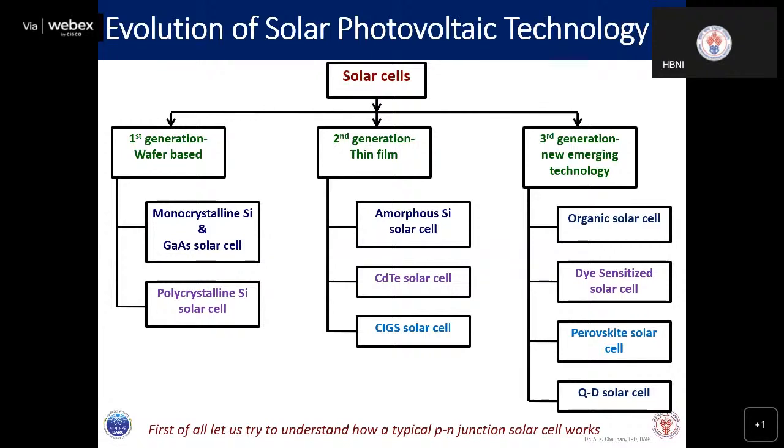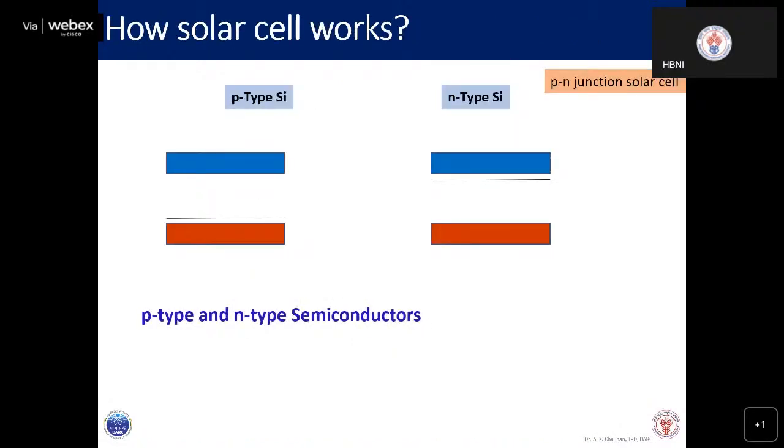So let us first understand how a typical solar cell works. Yesterday we saw how a PN junction is formed. So a silicon solar cell is based on the PN junction only. Suppose we have a p-type material and n-type material of the same compound, let us say silicon.